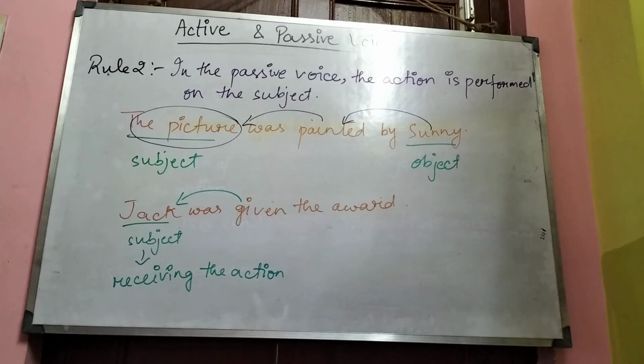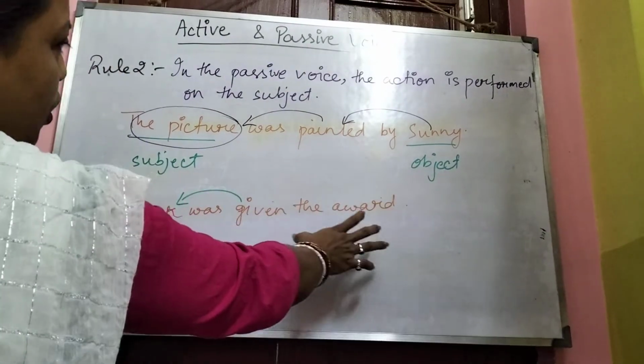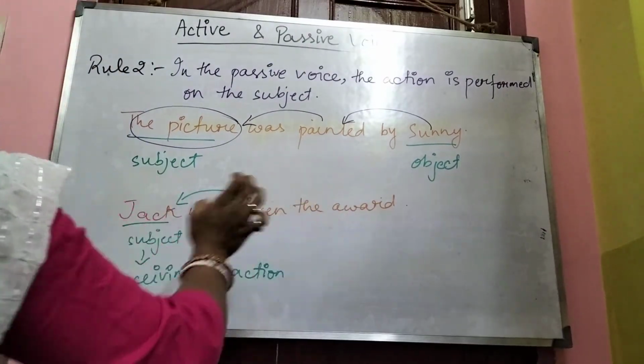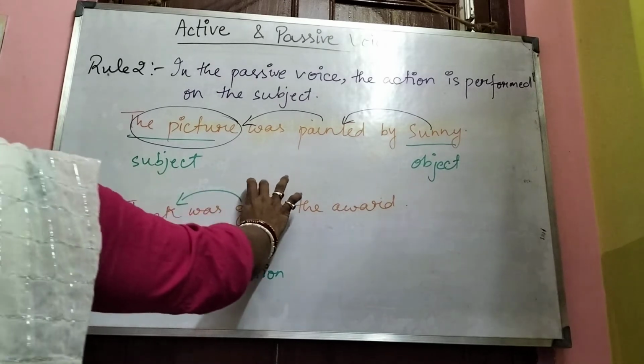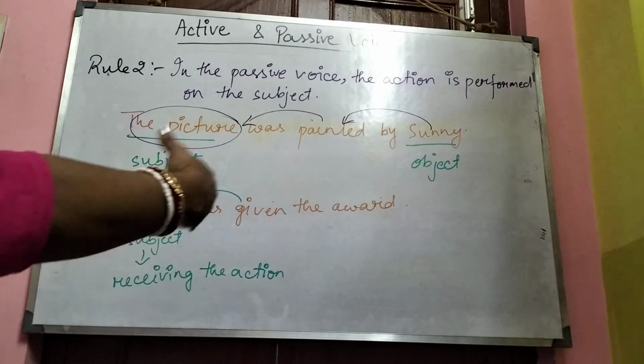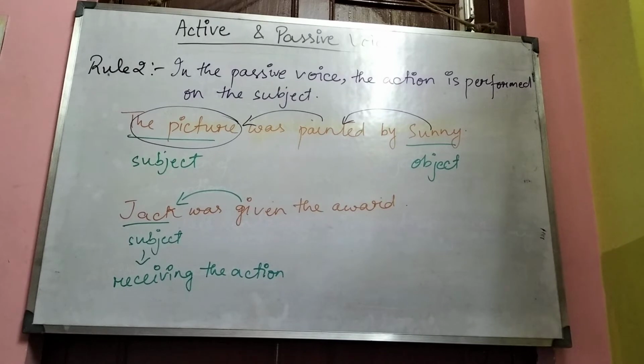Now we do not know who is the doer of the action. Jack was given the award, but we don't know who is performing this action of giving the award to Jack. But this sentence is in passive voice.